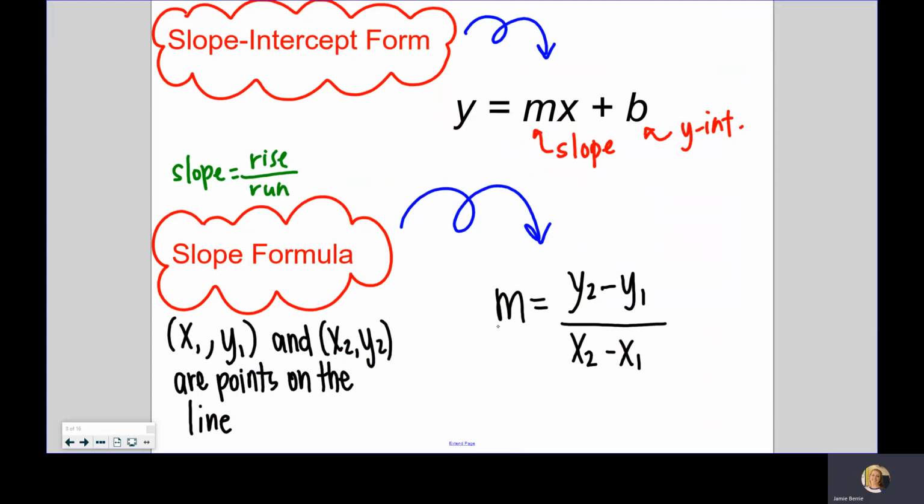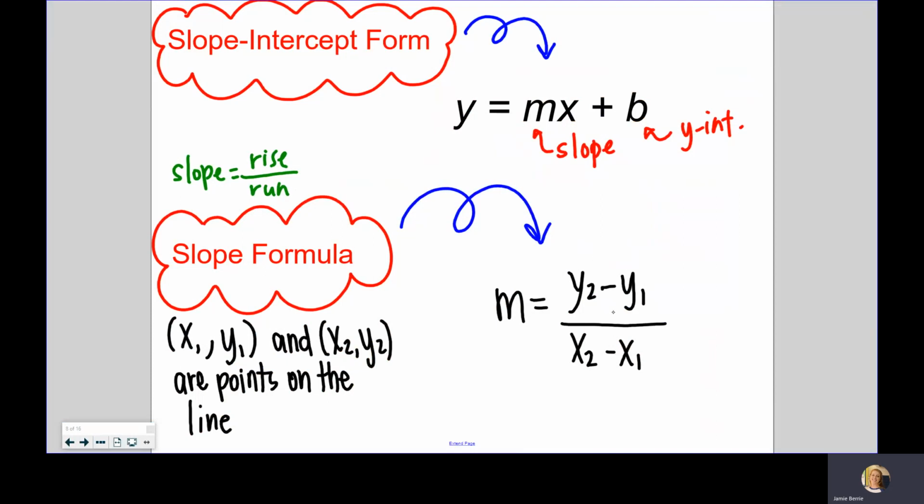All right, so slope is always represented by a lowercase m. So it's the change in y over the change in x, or y2 minus y1 over x2 minus x1. It's important that you write these in the correct order. The subscripts should match up. So y2 goes first here, x2 goes first here, and then y1 goes second, x1 goes second.